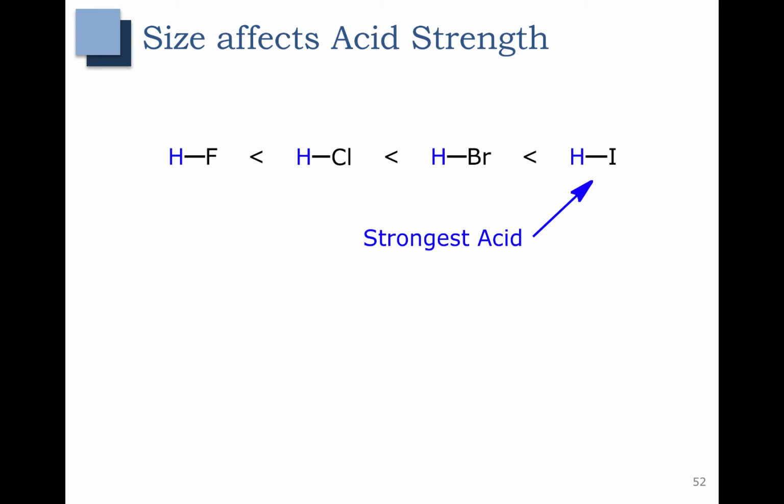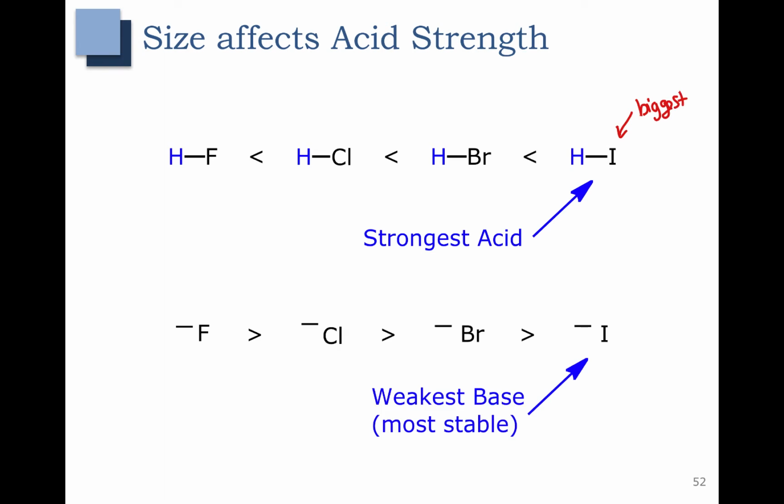Now let's talk about how size affects acid strength. If we look at HF, HCl, HBr, and HI, our strongest acid is HI. Why is this the case? Think about the size of the attached atoms. If we look at the periodic table, remember that iodine is the biggest.